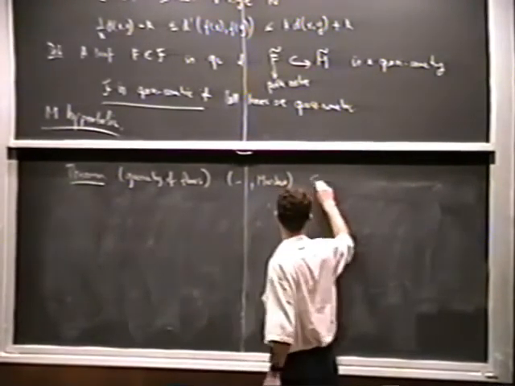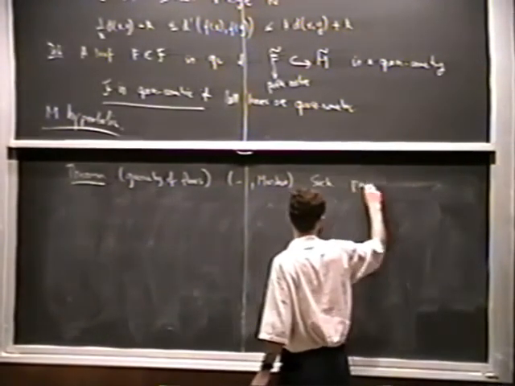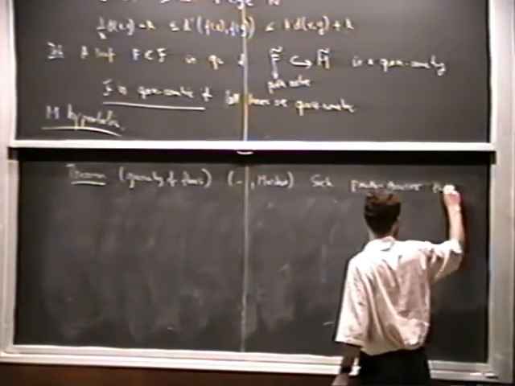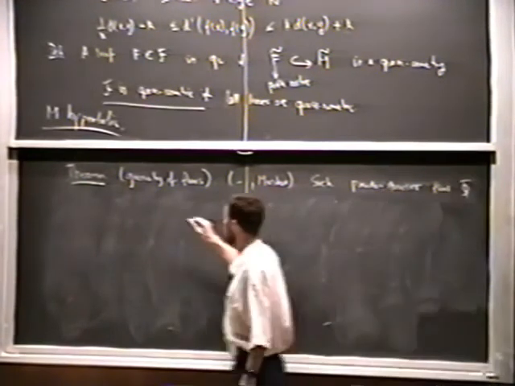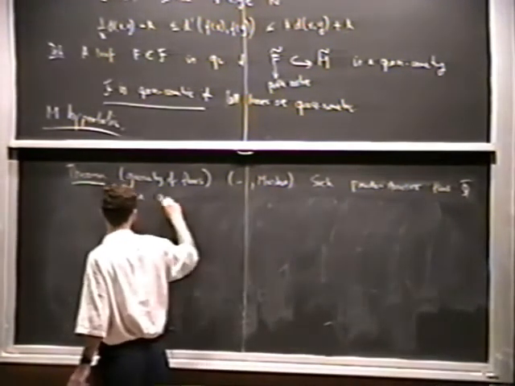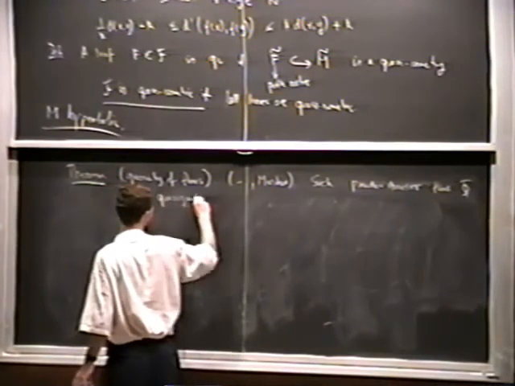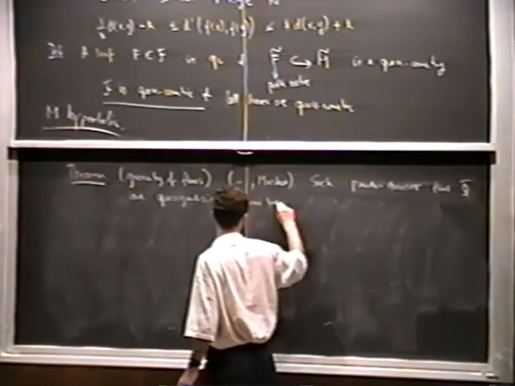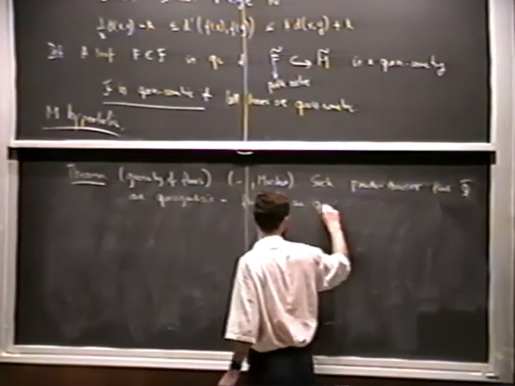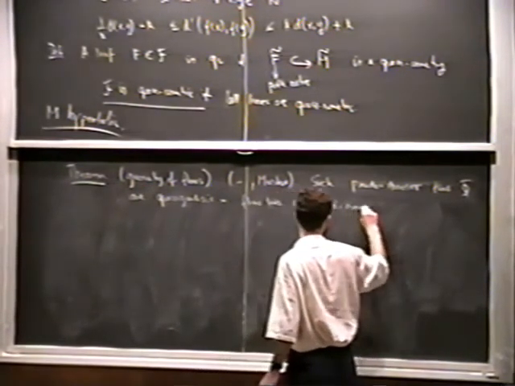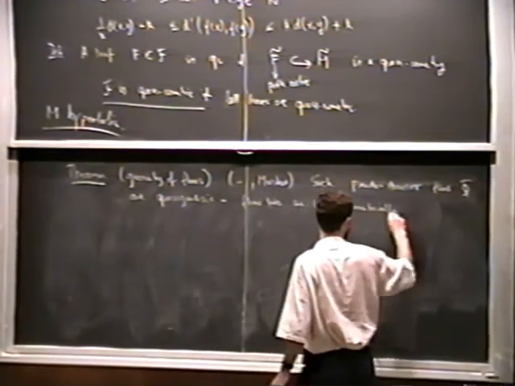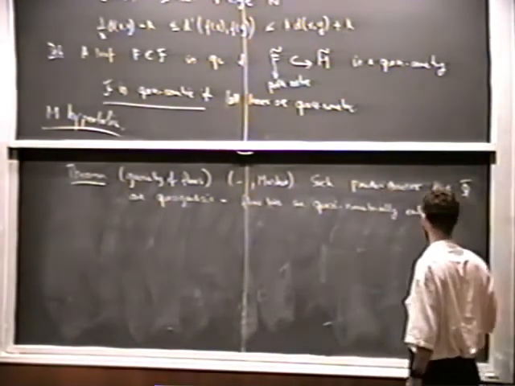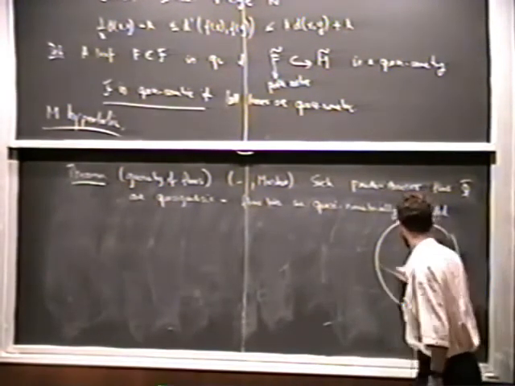So those flows, such pseudo-Anosov flows, are what's called quasi-geodesic, which means that flow lines are quasi-isometrically embedded. Okay? So the flow lines are quasi-geodesics.